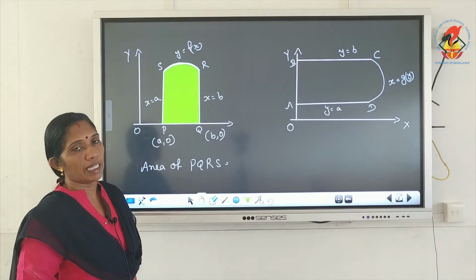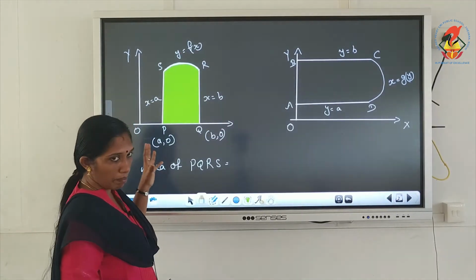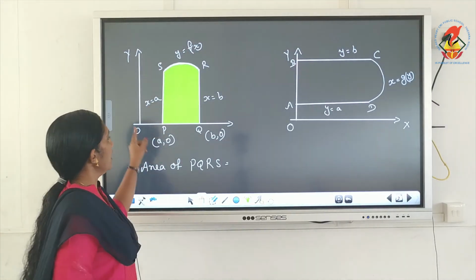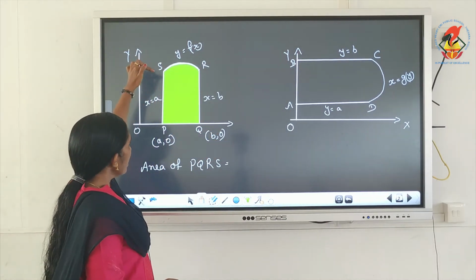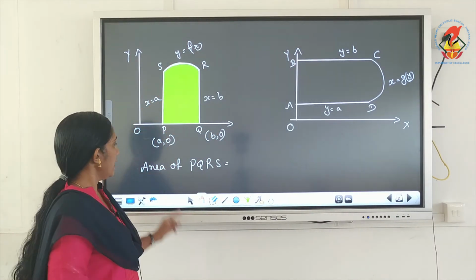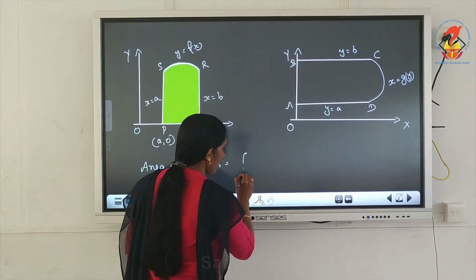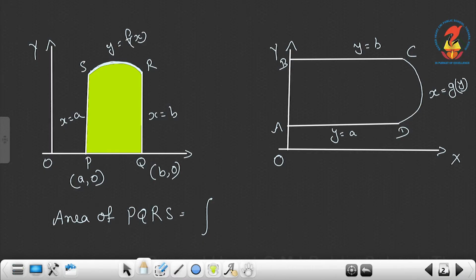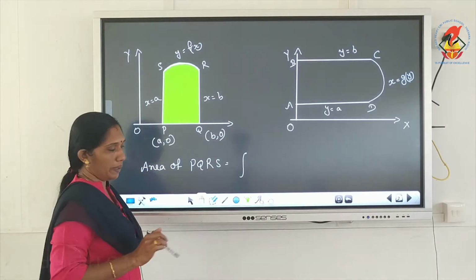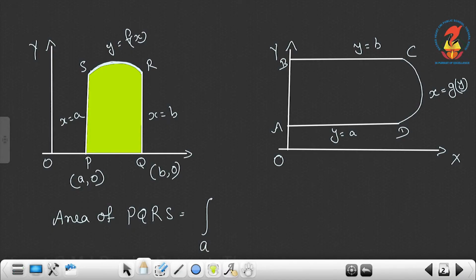So what is the area? Area bounded by the curve y is equal to f of x, the x-axis and the lines x is equal to a and x is equal to b is the integral from a to b. The smaller is a, the greater one is b, so we can write lower limit as a, upper as b.